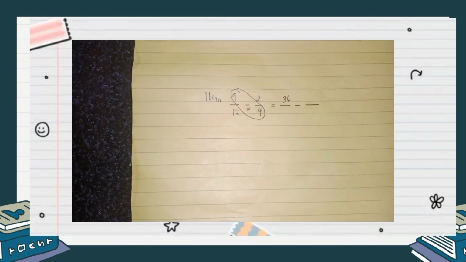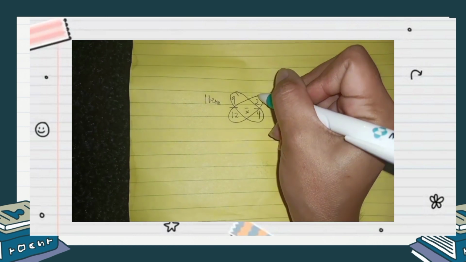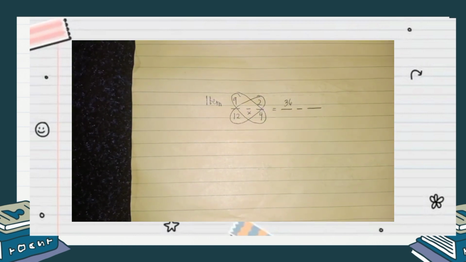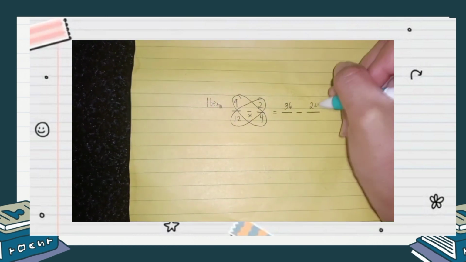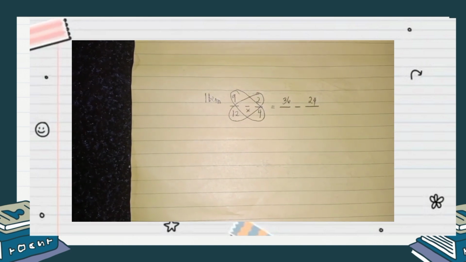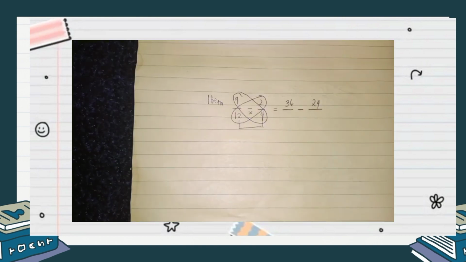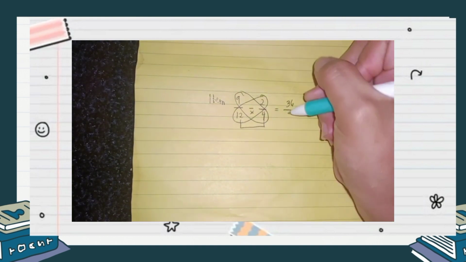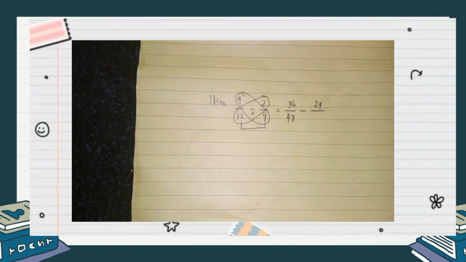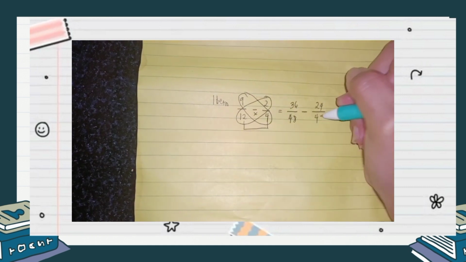Then to get the numerator of the second fraction, we multiply 12 times 2, which is equal to 24. To get the denominator, we multiply 12 times 4, so it is 48.